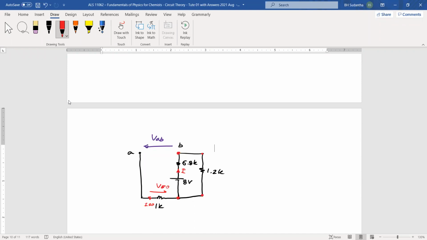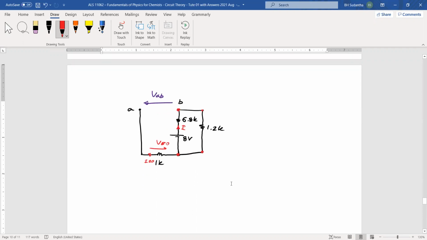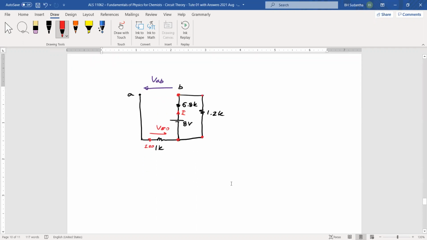Then you can apply the voltage divider rule also, doesn't matter.